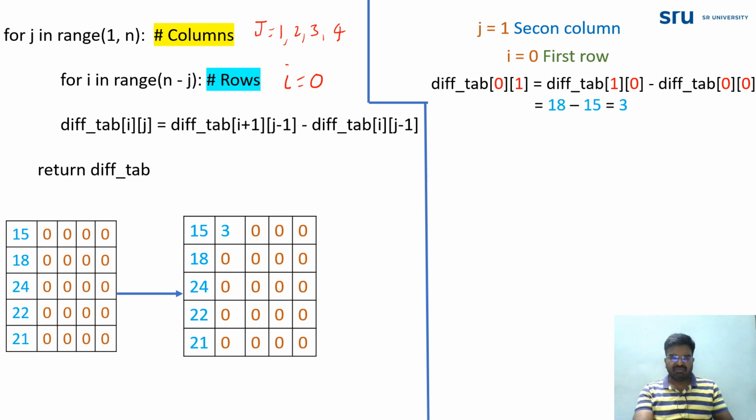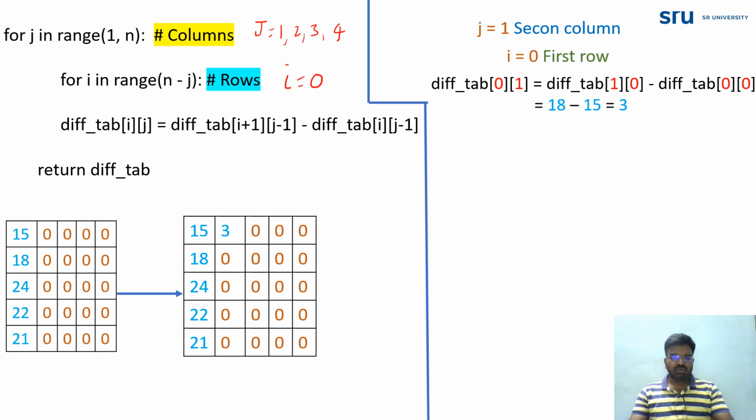See, in this table, we subtract 15 from 18, next 18 from 24, next 24 from 22, next 22 from 21. So every time we subtract a number from the next number in that corresponding column. I have written the same thing in the third row of the code.